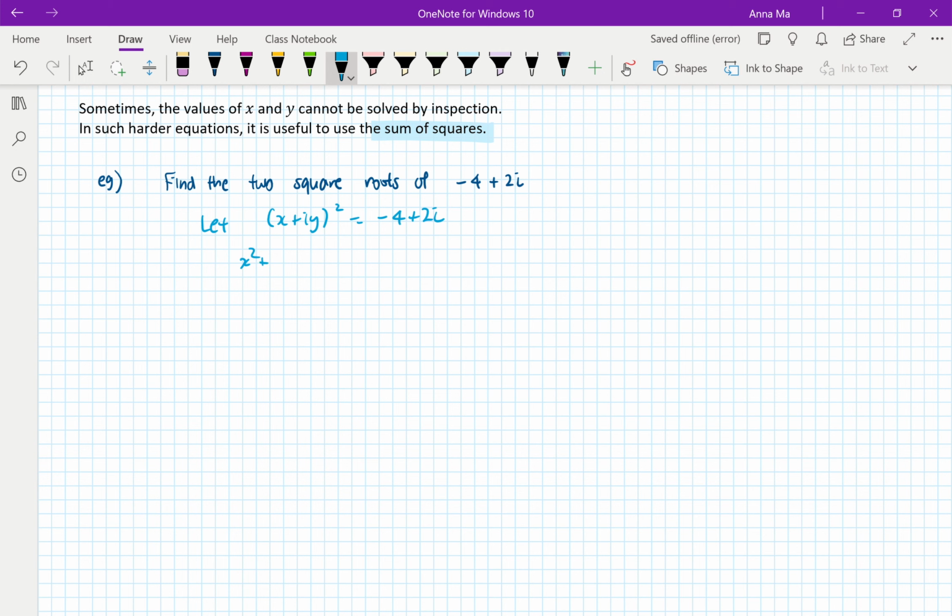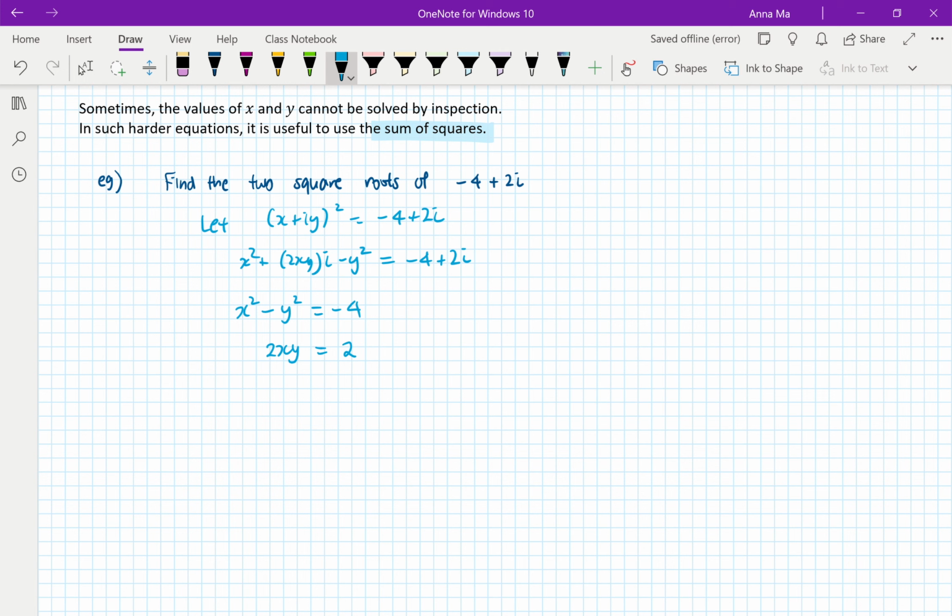Always start the same. Oh, minus y squared. And then if you expand it to equate the real parts, you'll get this and this.